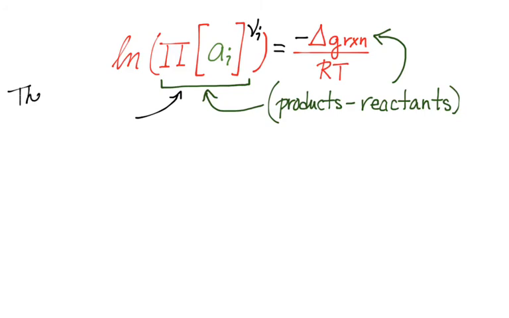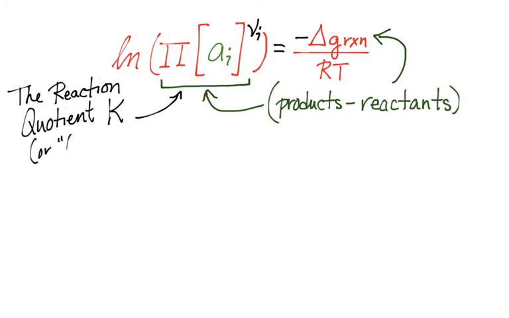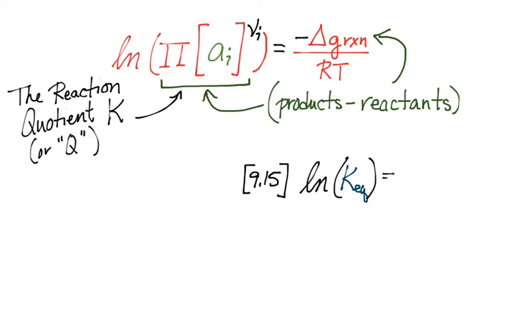Now, the value here, this K, or in ChemWiki, it's also a Q, is called the reaction quotient. So that K, when it is in equilibrium, is really the equilibrium constant.